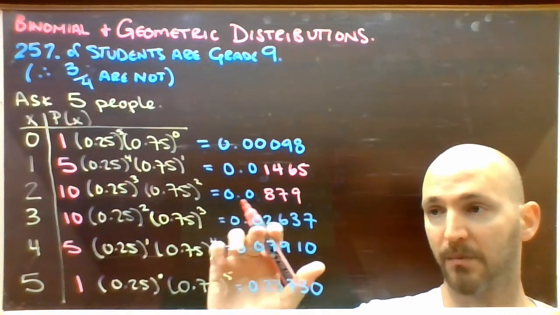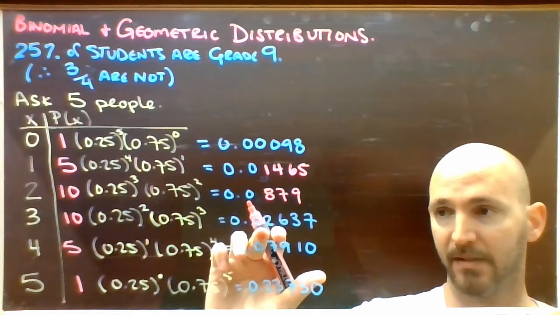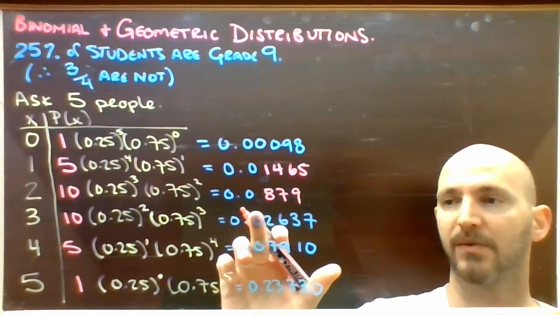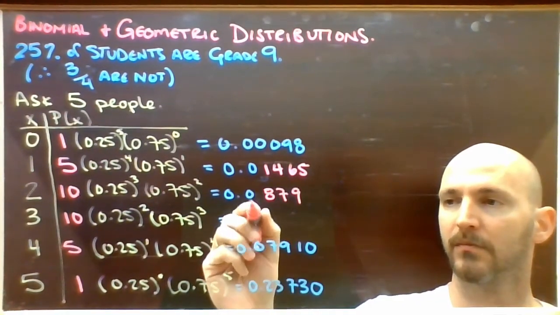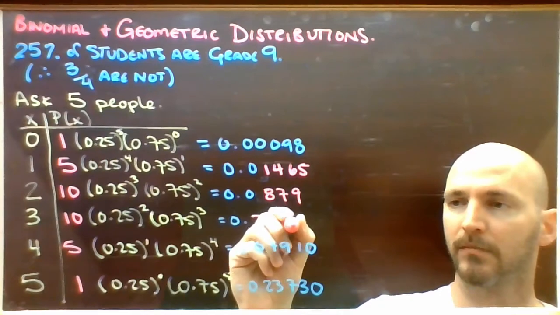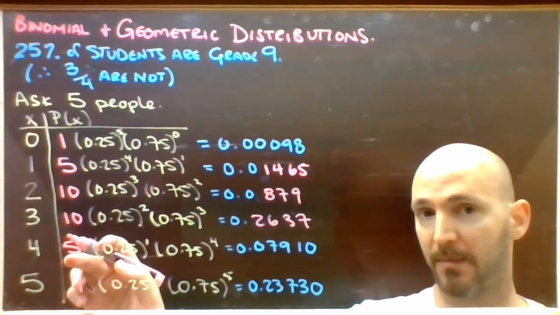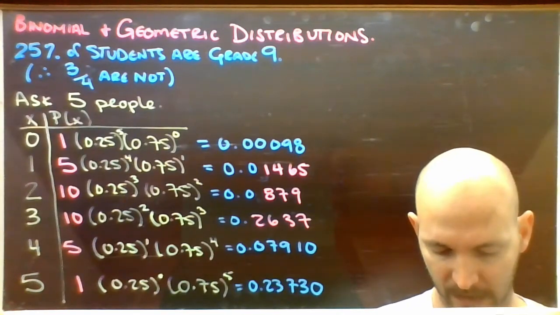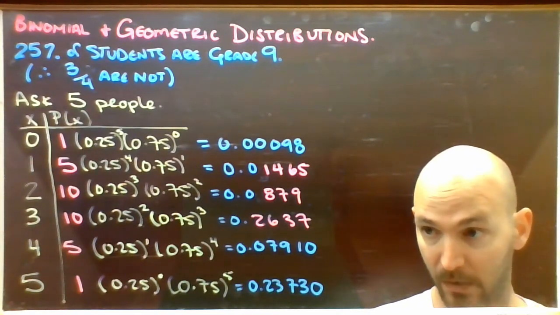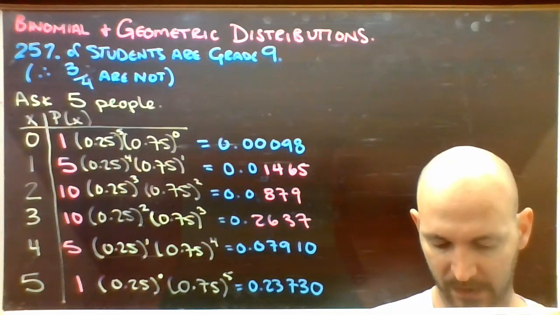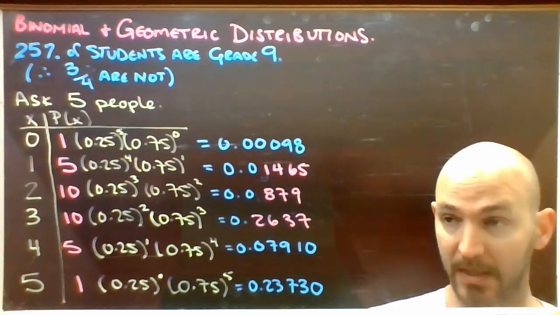This one here, 0.02637 multiplied by 10 would be 0.2637. This row should have been multiplied by 5 for the 5 sortings. So 0.0791 multiplied by 5 gives me 0.3955.